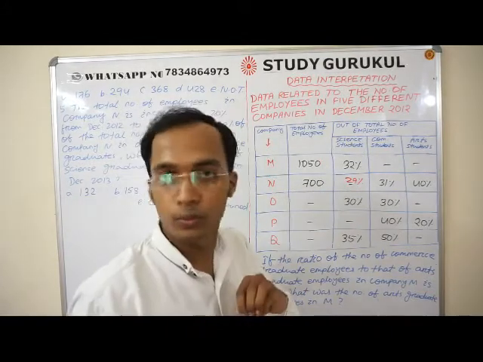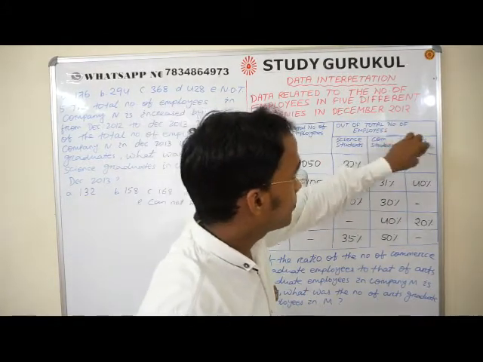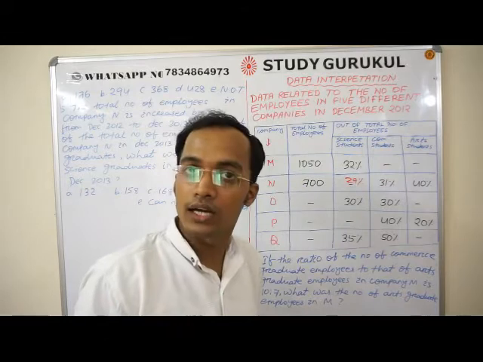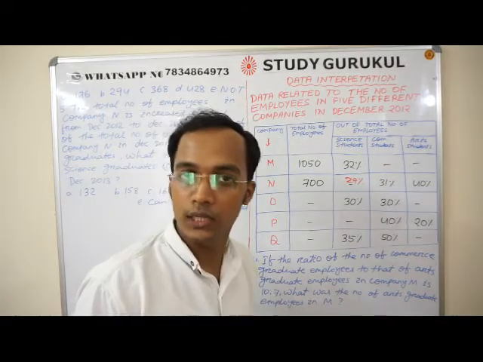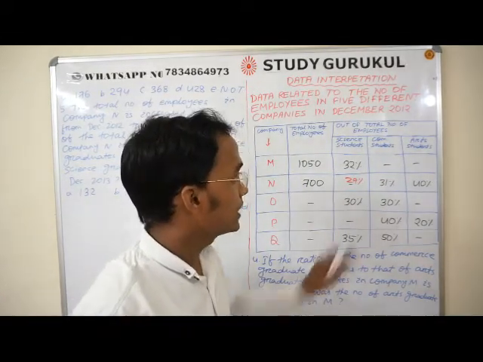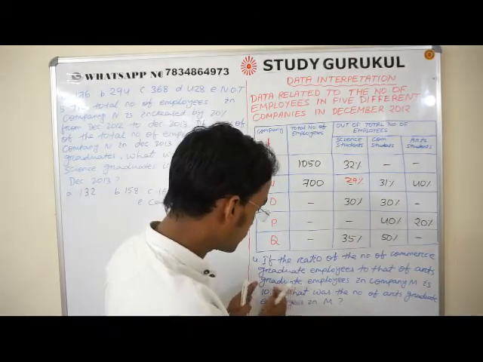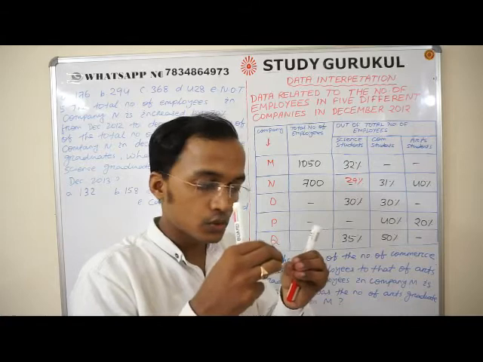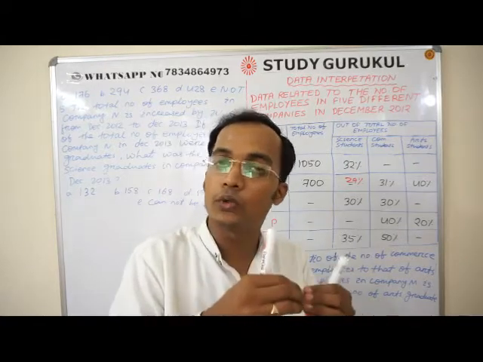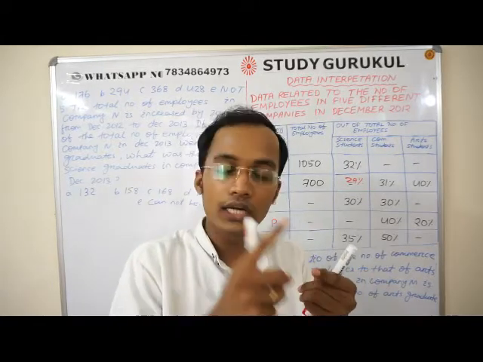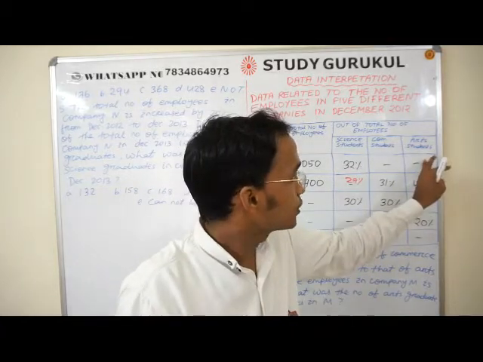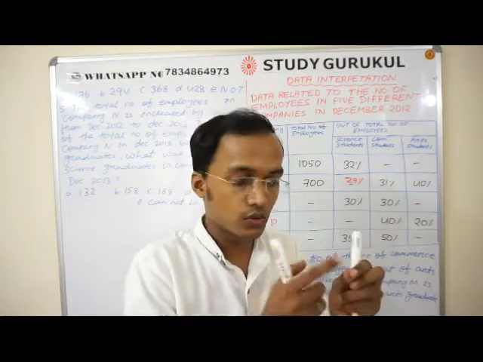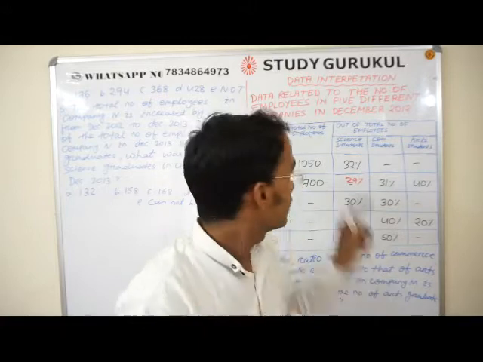If this is 32%, then the combination of commerce students and arts students equals 68%. So here 68% equals 10 parts plus 7 parts, total 17 parts. So 17 parts is equal to 68. So 1 part equals 4. The question is 7 parts. So 7 parts equal 28.